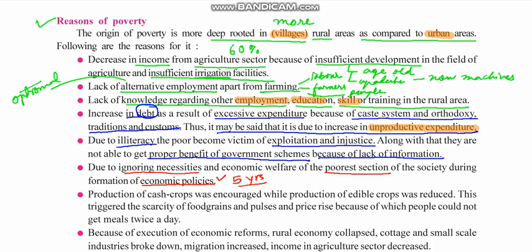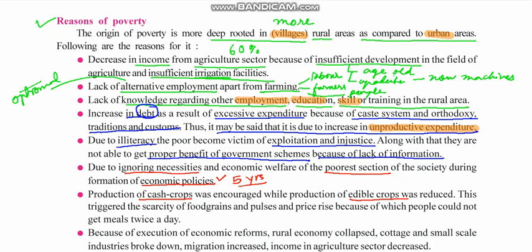Next is production of cash crops. Now, more dependency on cash crops. From the name you know that this is the type of crop which can generate more cash, instead of the grain crops which are used for daily life. Cash crops were encouraged while production of edible crops fell.